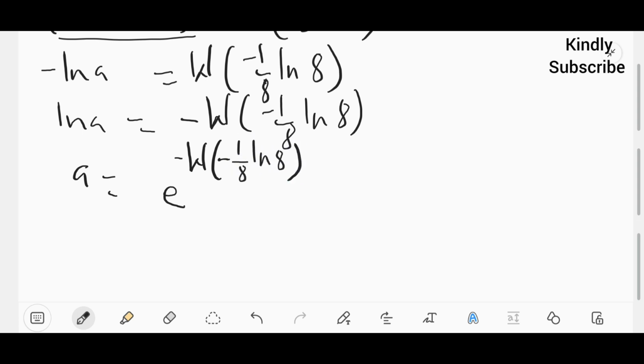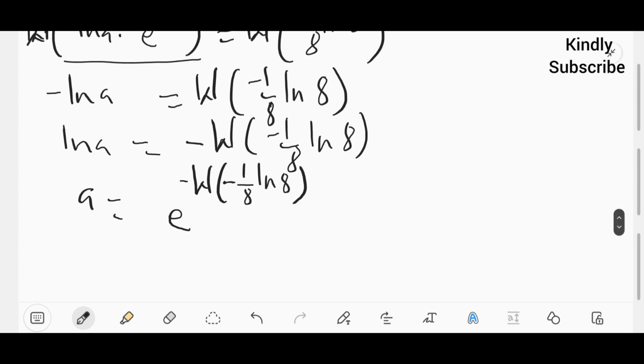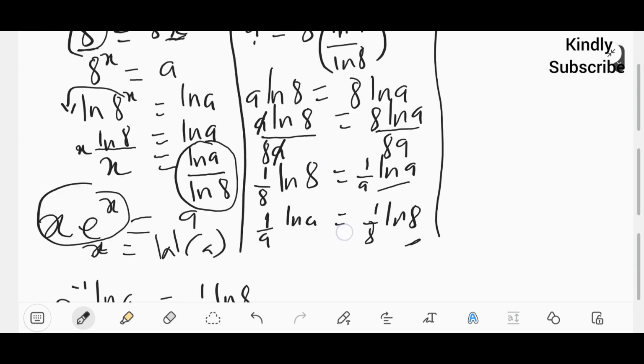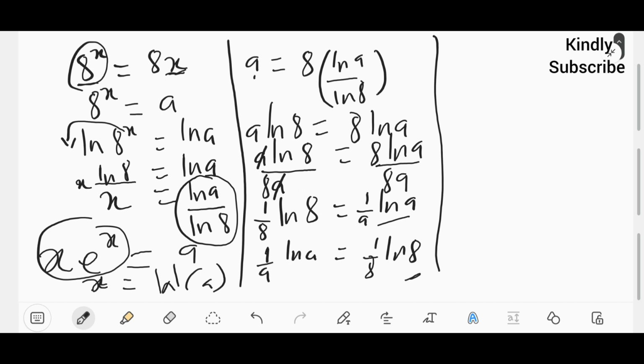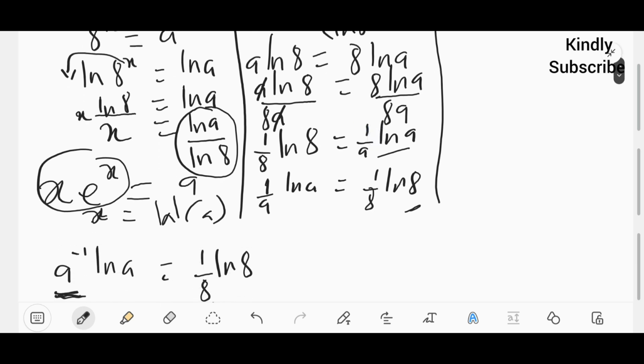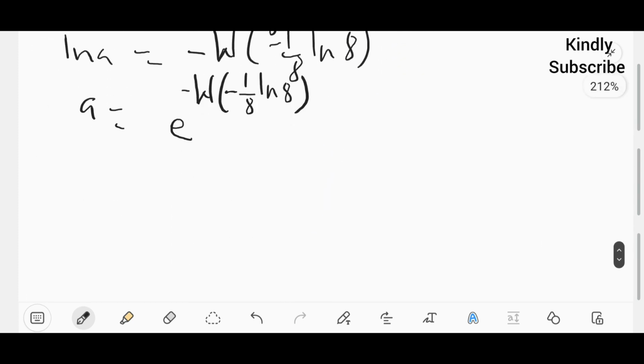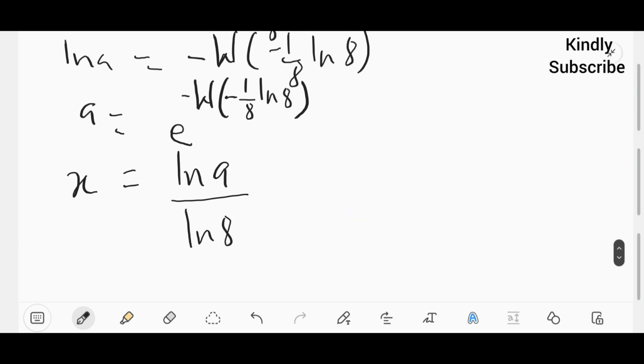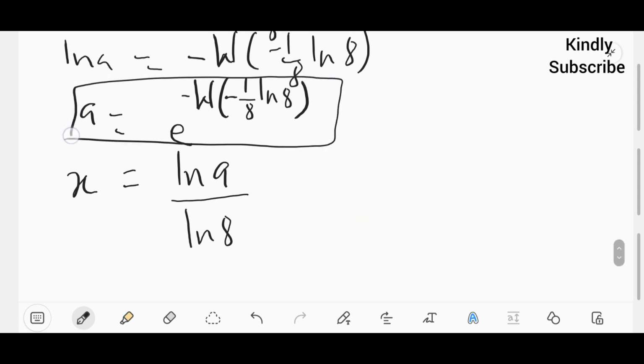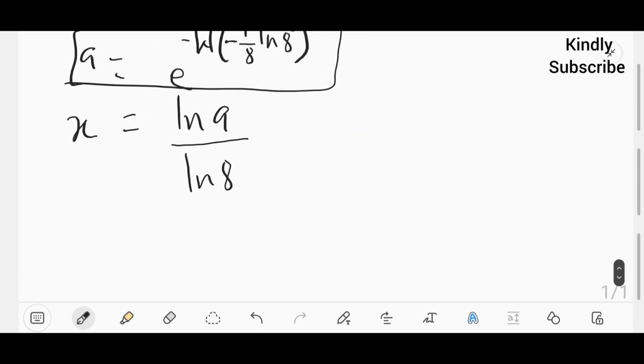Now remember that we are not finding a, but we are actually finding x. From the change of subjects we made, x is equal to ln of a over ln of 8. We found a to be the whole of this, so we are just going to replace it.